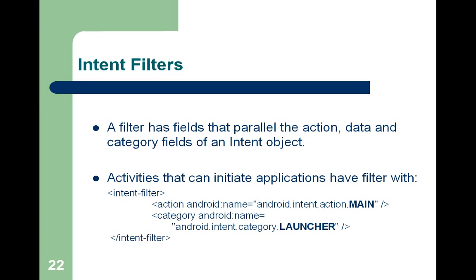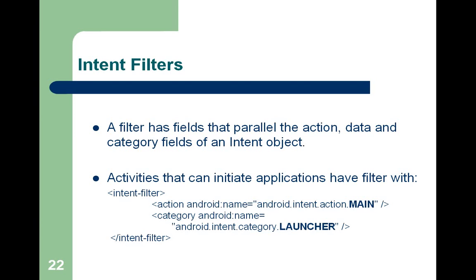We have talked about action, data, and category. There are some special action and category, like the special action is main and the special category is launcher. Whenever you have an activity in your application which needs to be the launcher for your application.